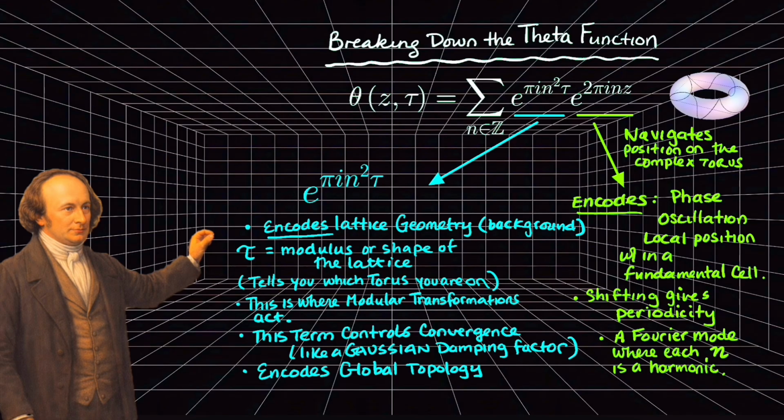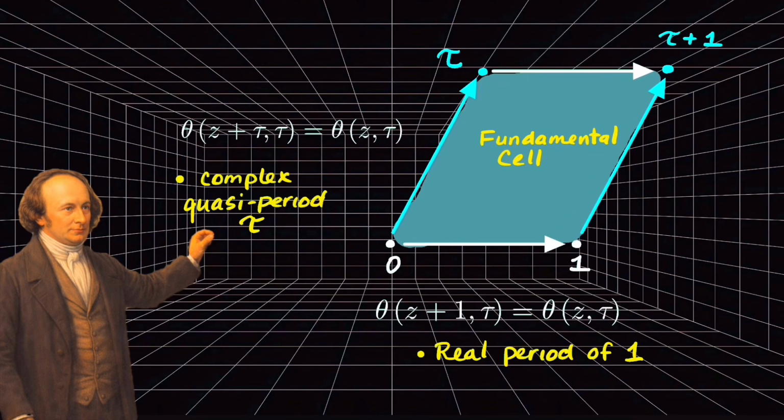It encodes the global topology. The second portion is a plane wave navigating the position on the complex torus. Phase oscillations, local position within a fundamental cell, and shifting this gives the periodicity of the particular fundamental cell, which can be represented as a parallelogram in the complex plane.